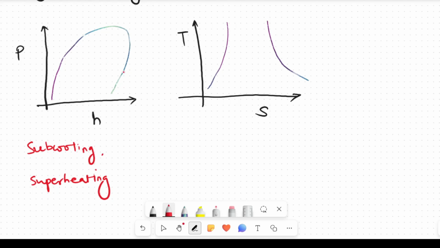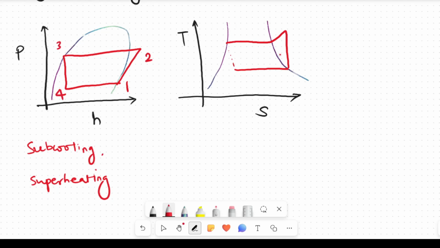Now, this is our cycle that I have explained to you. I have told you. Okay, so 1, 2, 3, 4.